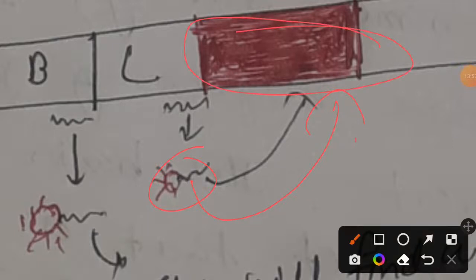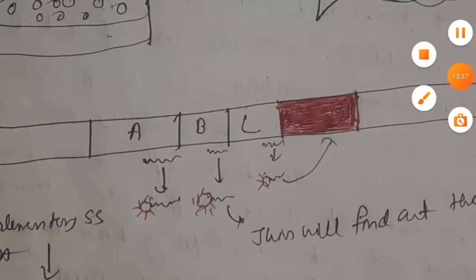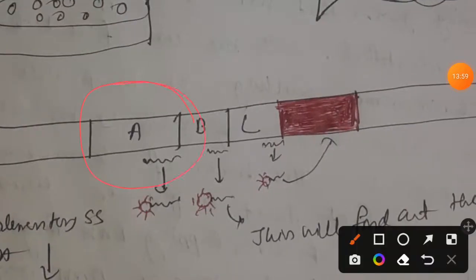Okay, that is how, by using the chromosomal walking technique with the help of an already cloned and sequenced neighboring gene of the gene of interest, we can find out our gene by systematically walking through the chromosome.